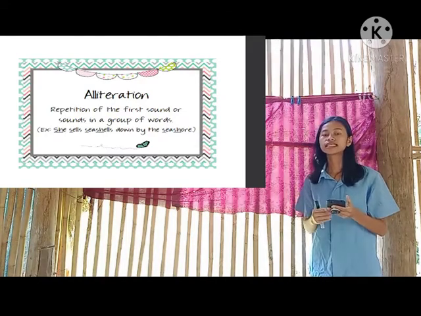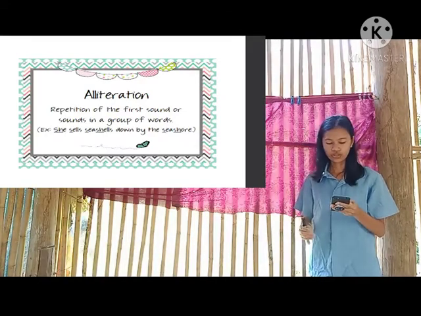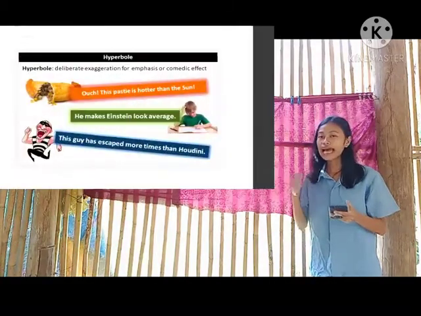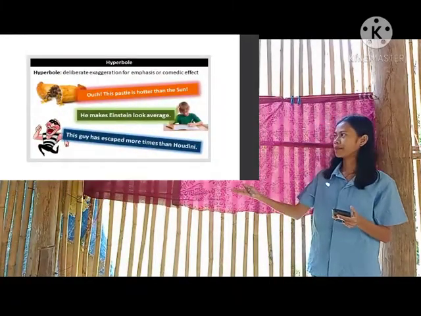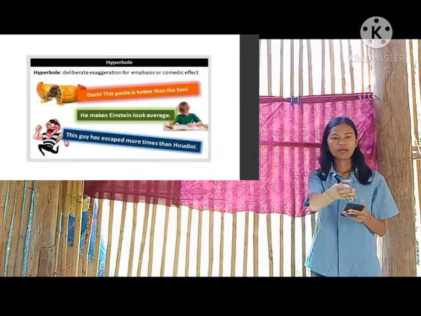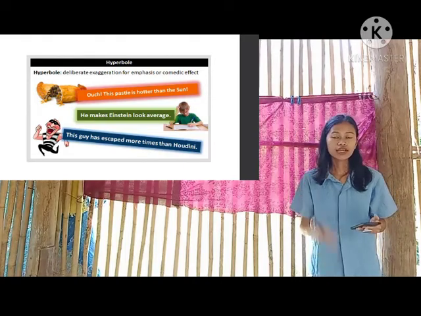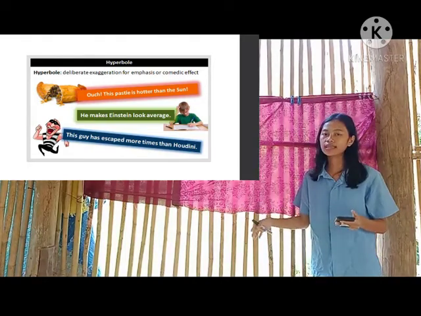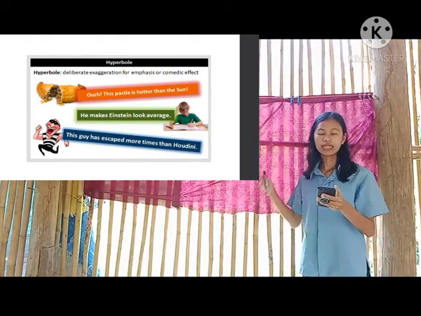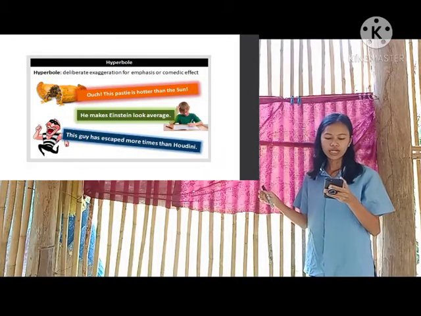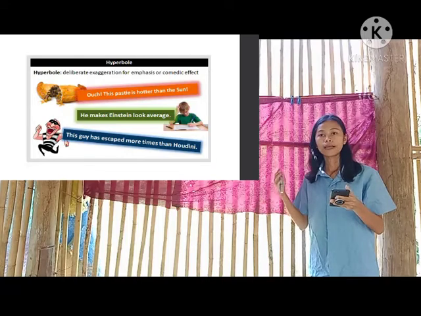So that is alliteration. And this is a very exciting class, the hyperbole. Okay, hyperbole. Now, Amanda, please read. Okay, thank you. So here we found out that hyperbole is deliberate exaggeration or comedic effect for emphasis.